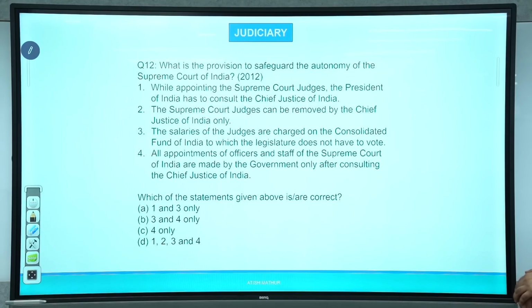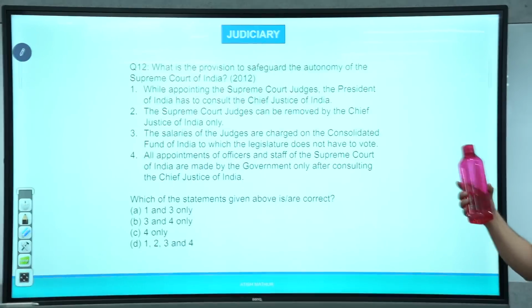According to the Constitution, the Supreme Court judges are appointed by the president after consultation with such Supreme Court or High Court judges, whatever the case might be. So that is a direct violation. The first option is wrong.